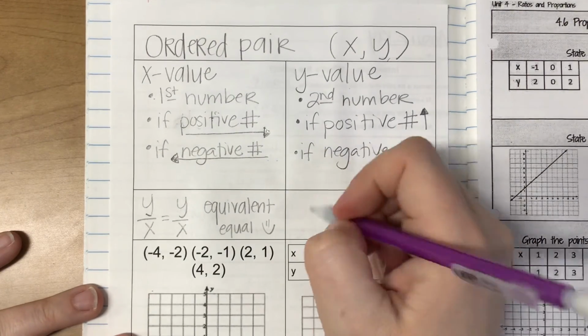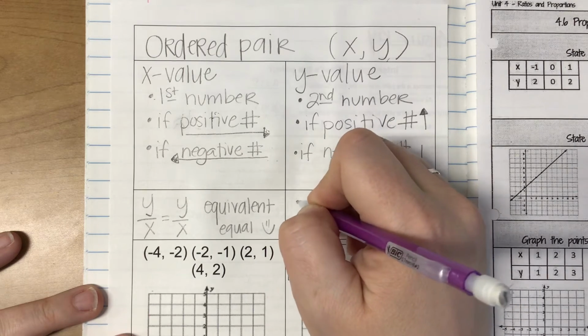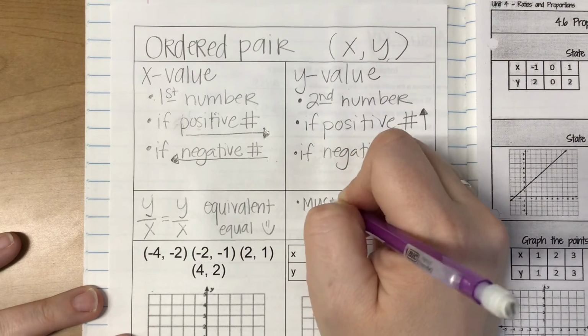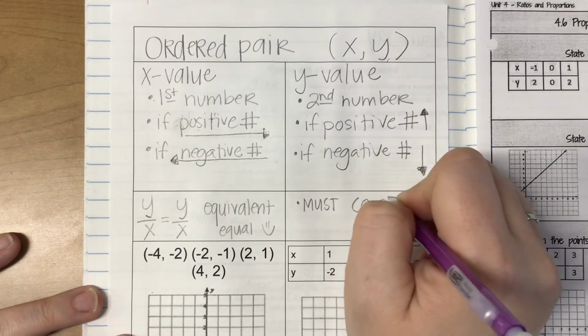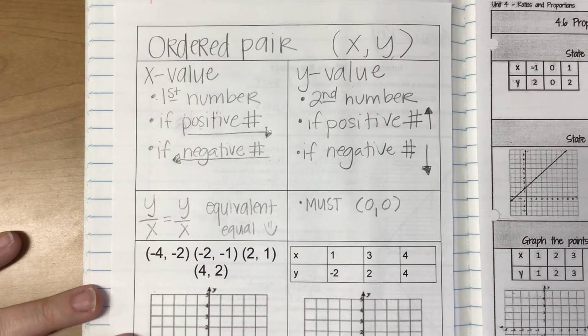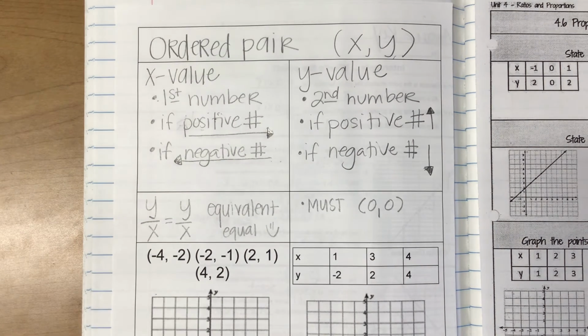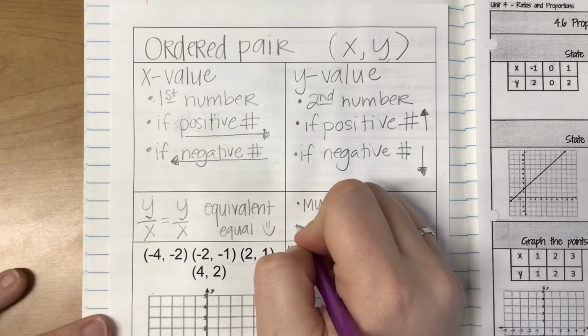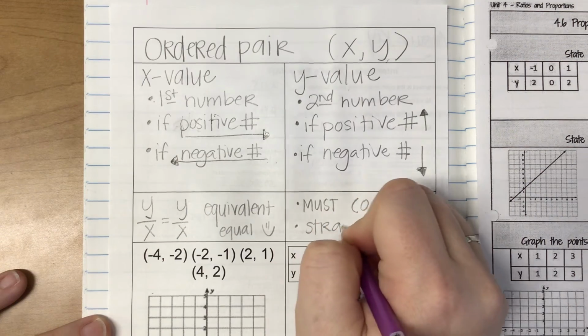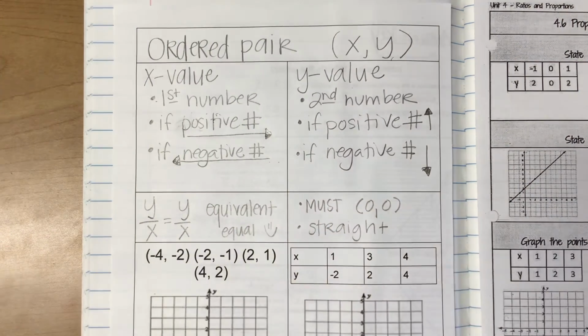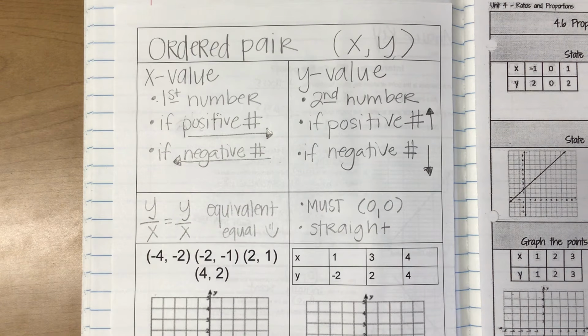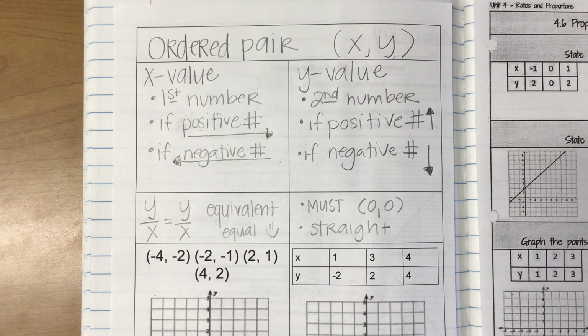And Caden told us this. It must have 0, 0, which is the origin. If your graph doesn't have a 0, 0 on it, guess what? Not proportional. And it must be straight. If your graph is all wonky, up, down, or curved, get out of here with that nonsense.